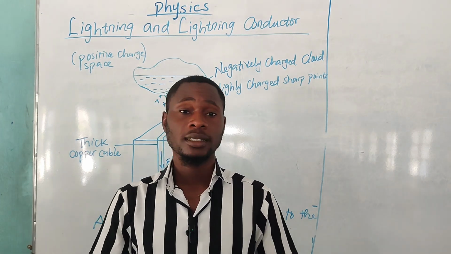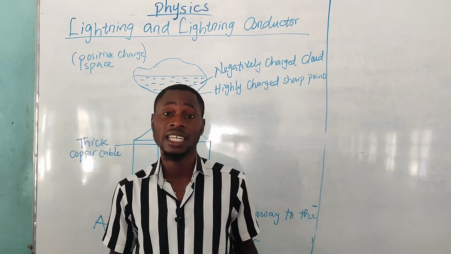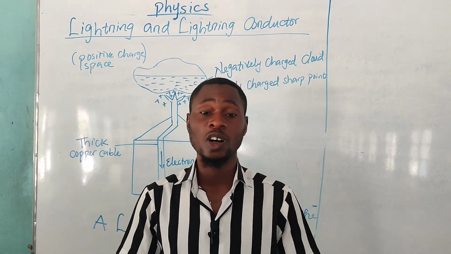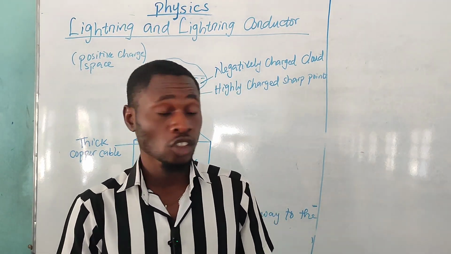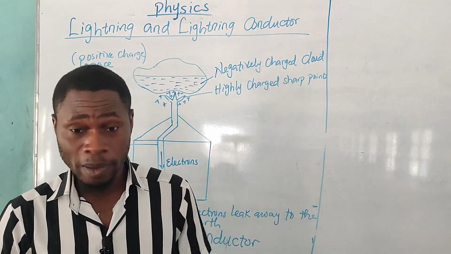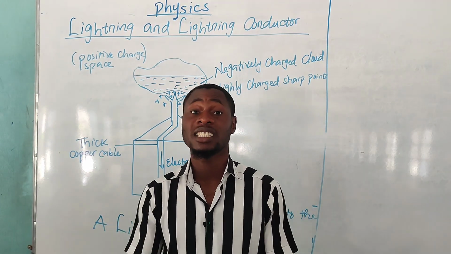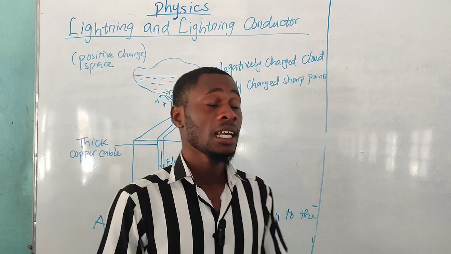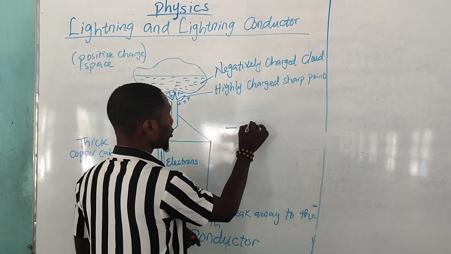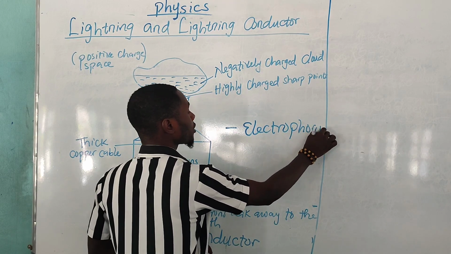destruction. All right, so the last thing we shall be looking at as far as electric charges is concerned is the storage of charges. Basically, we have 4 devices that are used for storing or for transferring electric charges. These devices, we call them the electrophorus.